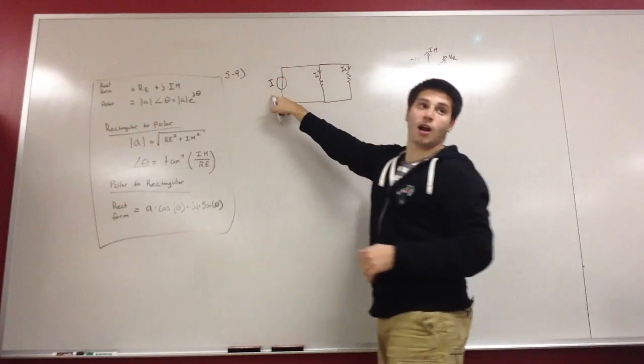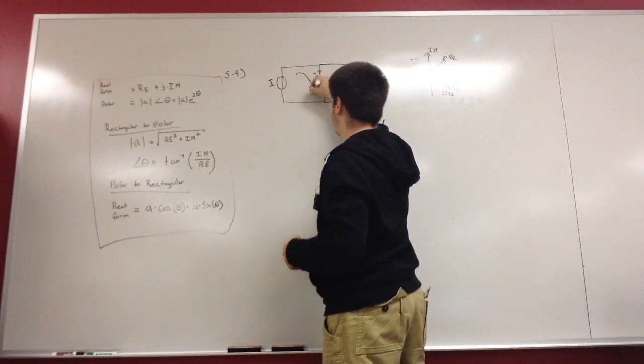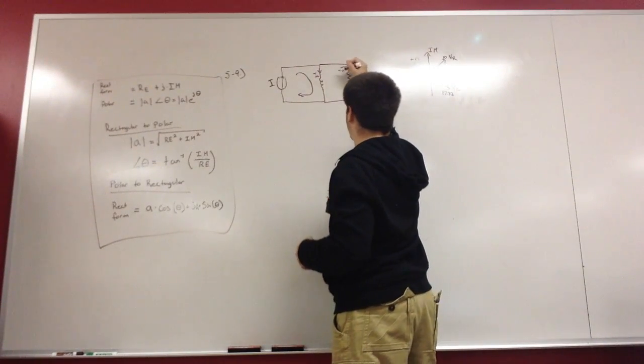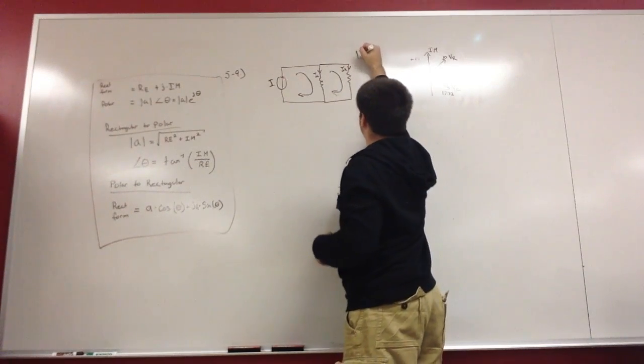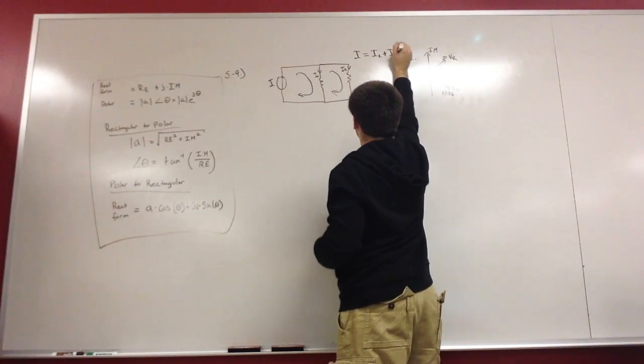So the total current in this circuit is going to be equal to the current across the inductor, which we'll call I sub L, and the current across the resistor, which we'll call I sub R. So I will equal I sub L plus I sub R.